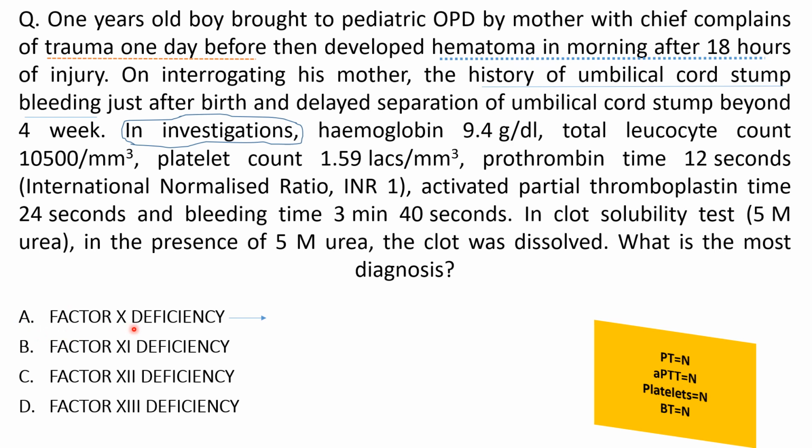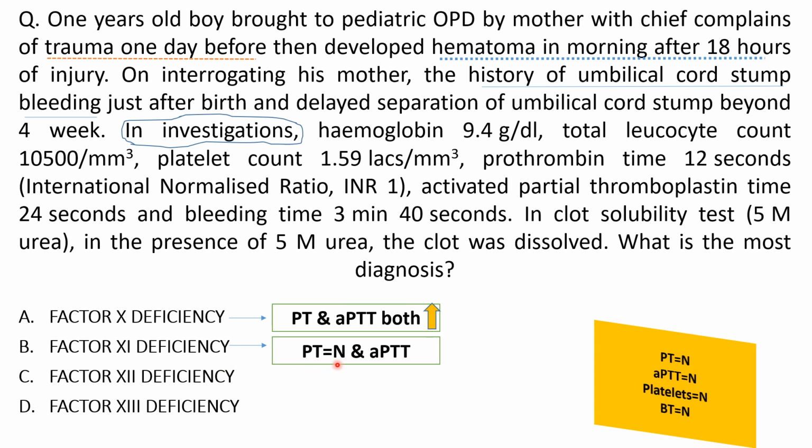So now in the first option, factor 10 deficiency, PT and APTT both will be increased because factor 10 is in the common pathway. So its deficiency will lead to prolonged PT and APTT both. Now in factor 11 deficiency, PT will be normal while APTT will be prolonged.